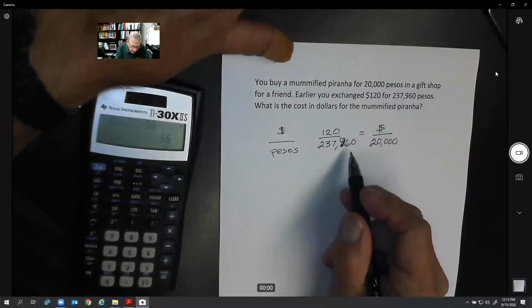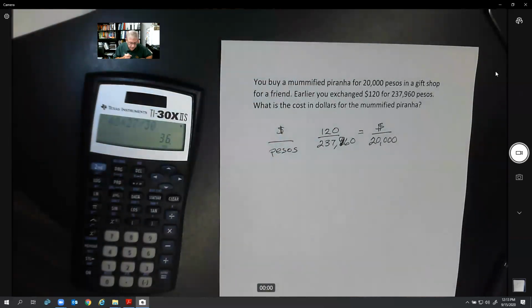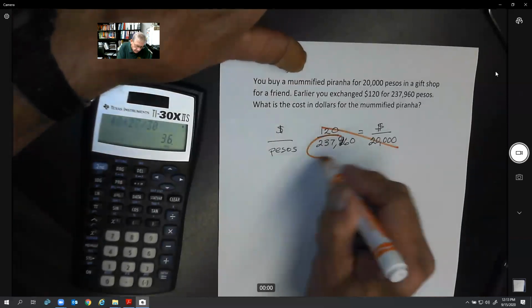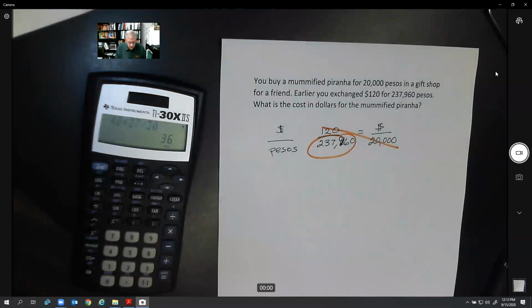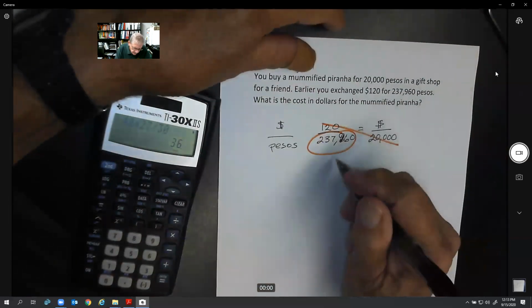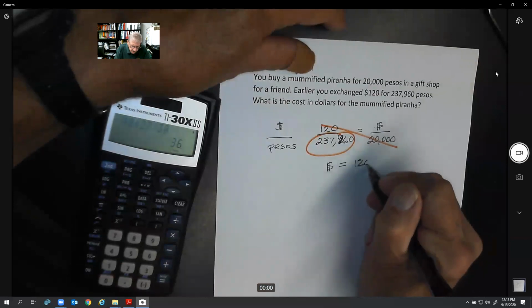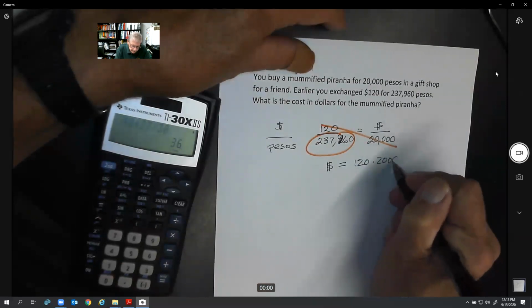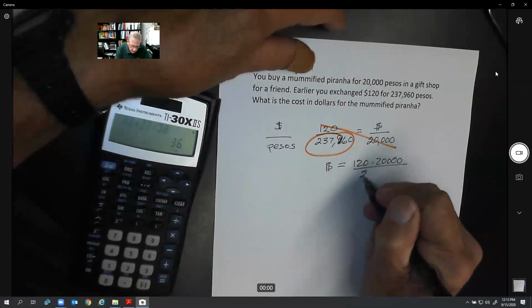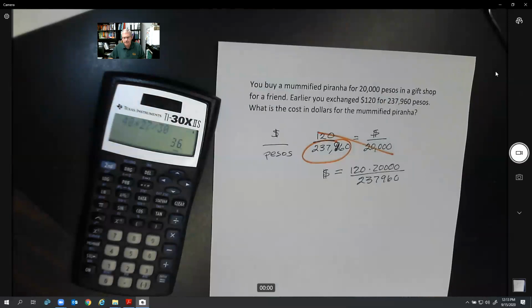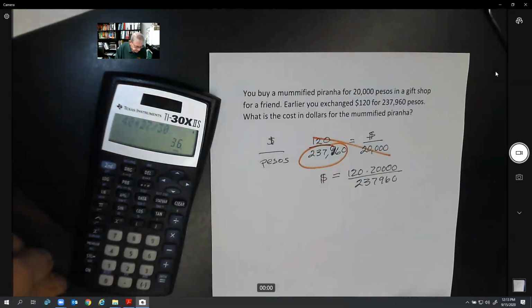So how are we going to solve this? Well, we're going to multiply 120 times 20,000, and then we're going to divide by that 237,960. All right, so let's try it. Dollars equal 120 times 20,000 divided by 237,960. So go ahead and try it. You can pause if you want.